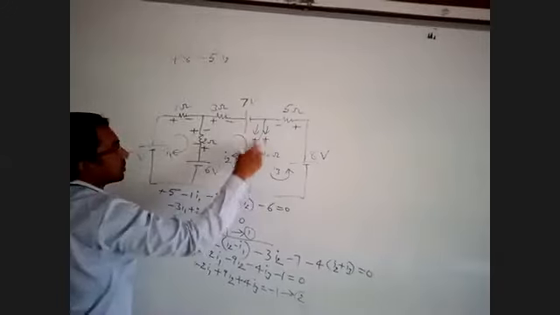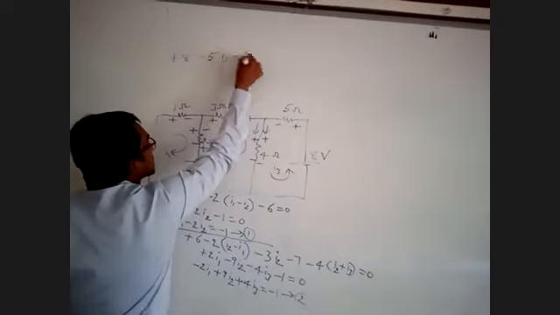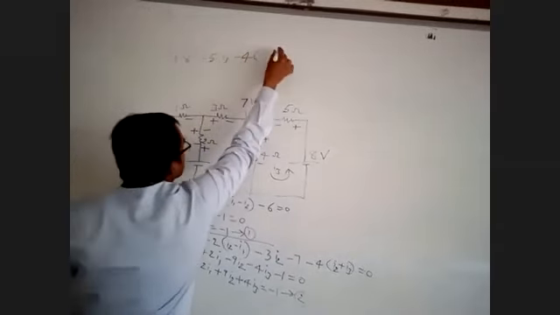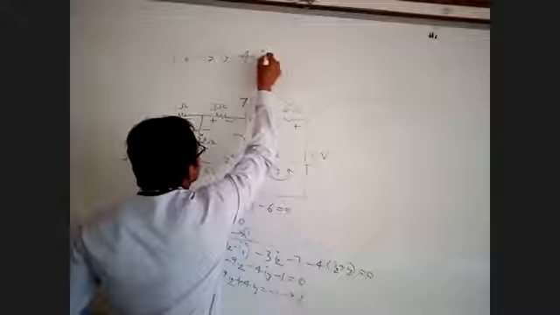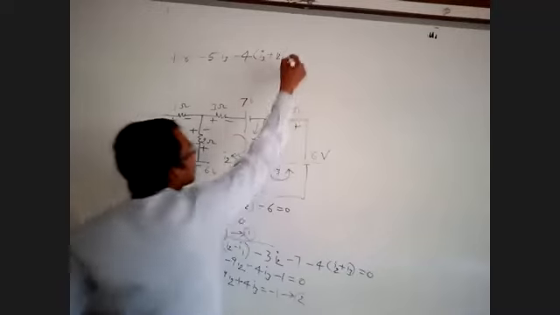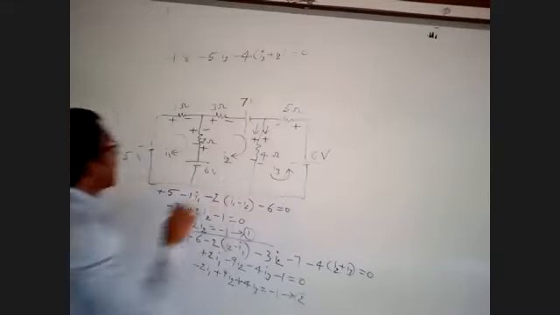I3. Next, I3 is going from plus to minus, so minus 4. What is the current? I3 plus I2. Completed 1, 2, 3 elements. That is equal to 0.